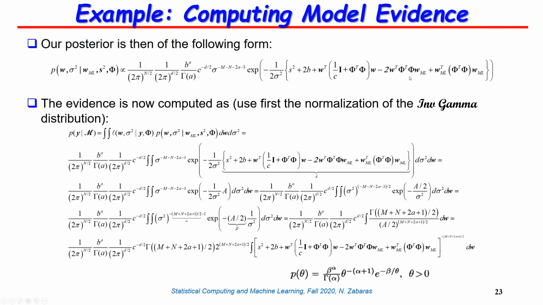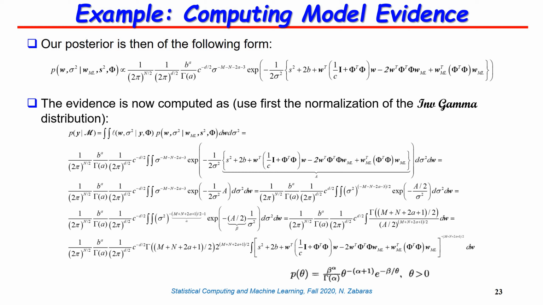Now the reason I expanded that quadratic term in W in my likelihood that we saw in the previous slide is that I need to combine those W terms from the likelihood with the W terms from the prior model, because if you're going to integrate on W, you're going to have to complete the square. Then hopefully, if you do that successfully, you will eventually need to perform the integration in sigma squared.